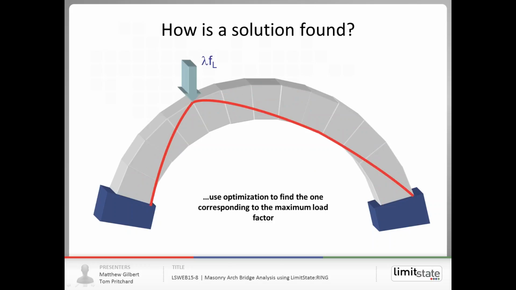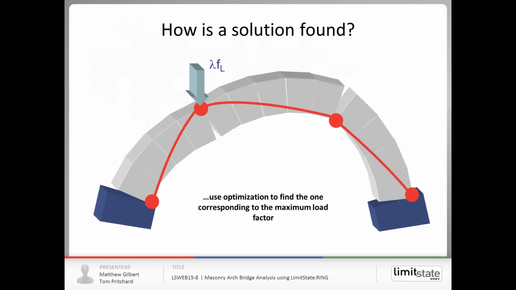For all those equilibrium states, the software uses optimization to find the one that corresponds to the maximum load factor. And that also corresponds to the point at which the structure will collapse. So from the point of view of the fundamental theorems of plastic analysis, we're using the lower bound theorem.